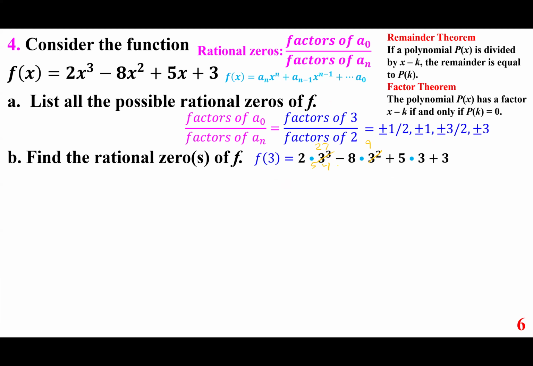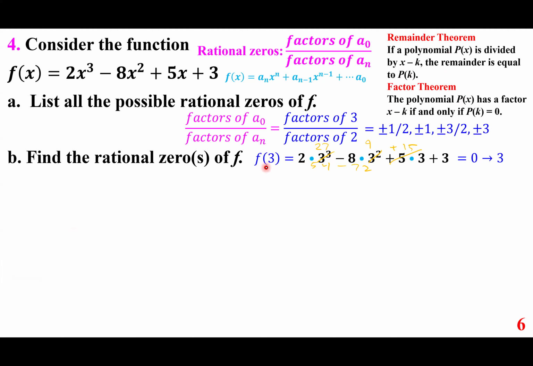This is 9, therefore minus 72. This is plus 15. And if you add up the numbers, you end up with 0. If f of 3 is 0, by the remainder theorem, the remainder being 0 means x minus k, x minus 3, is a factor.